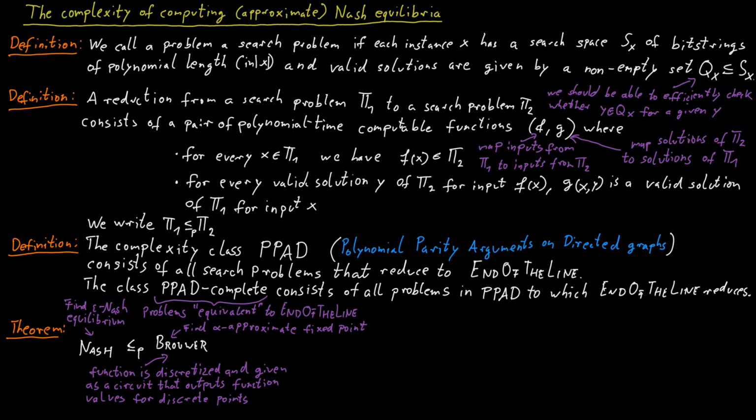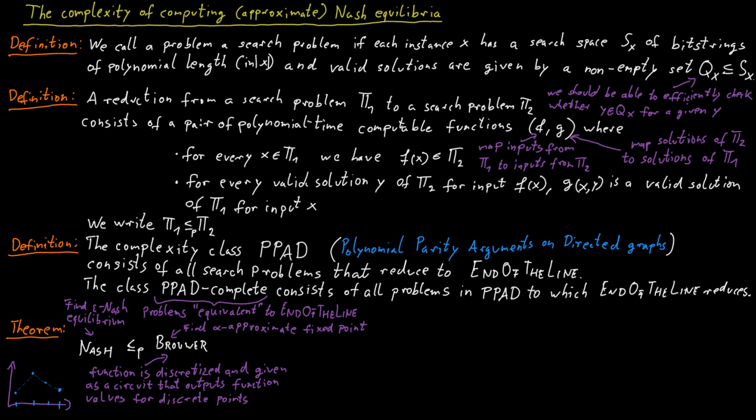And to make this a continuous function, we just assume that at points that we didn't discretize, in between, we interpolate the function value linearly. These are some technical details about input encodings. So we can picture it like this: we have this x-axis, we take a few discrete points and the function values at those points, and in between, we just assume that the function is linearly interpolated.